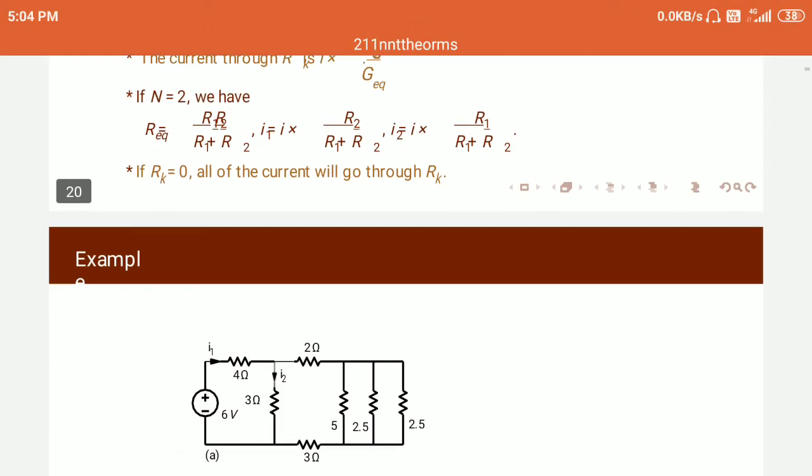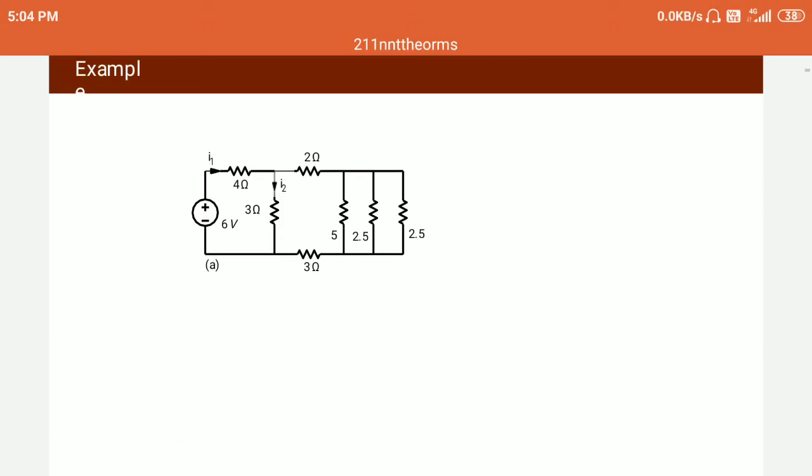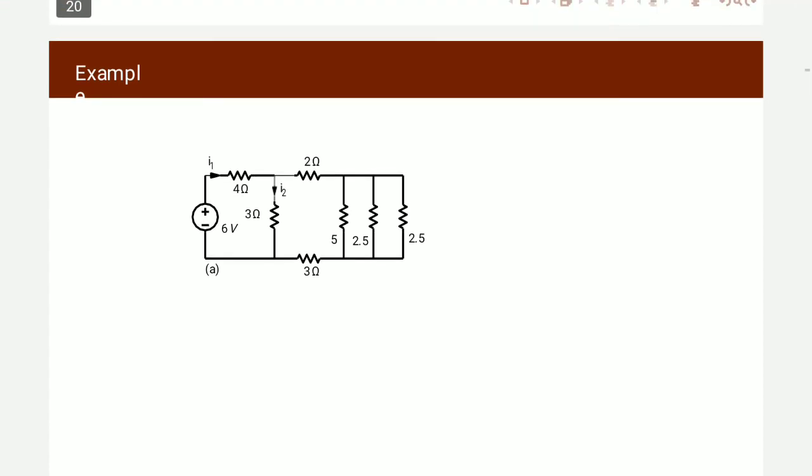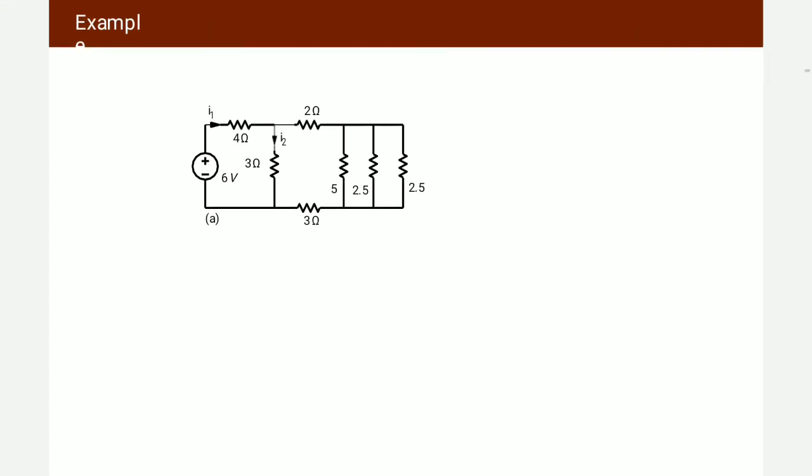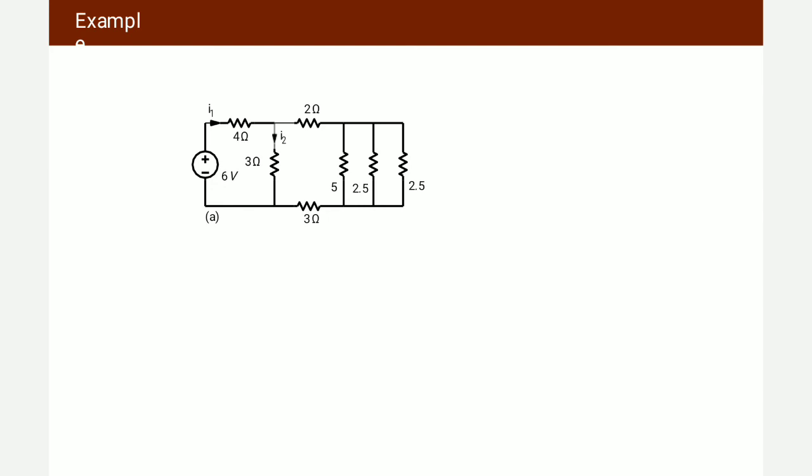One example problem: observe this and determine the current. Here 6 volts is given in the circuit diagram. The source is 6 volts, with resistors 4 ohms, 3 ohms, 3 ohms, 2 ohms, 5 ohms, 2.5 ohms, 2.5 ohms.